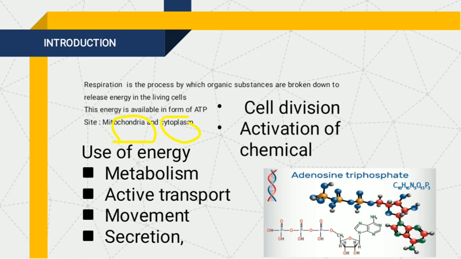For example, protein synthesis, where small monomers, which are amino acids, combine to form a long polymer known as polypeptide. That's an example of an anabolic process.